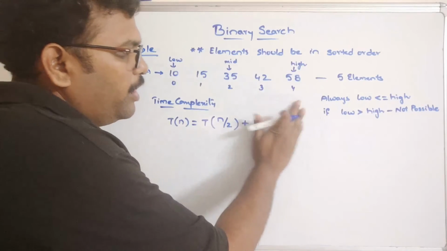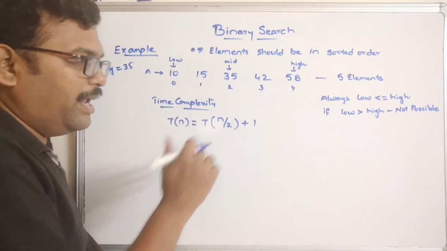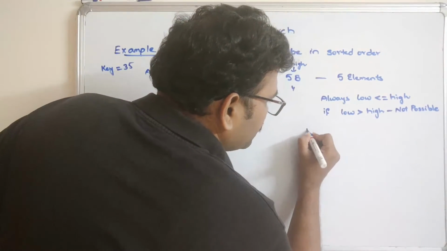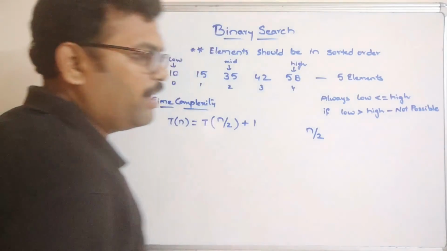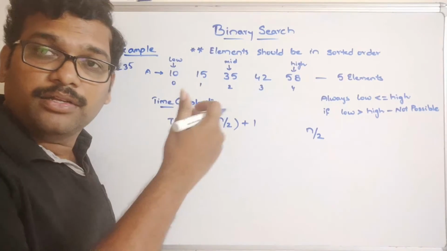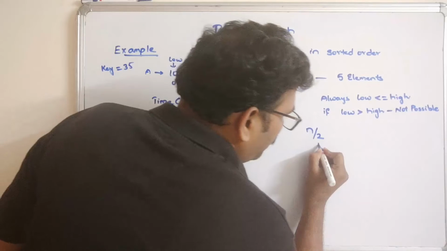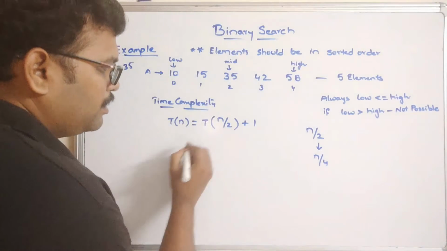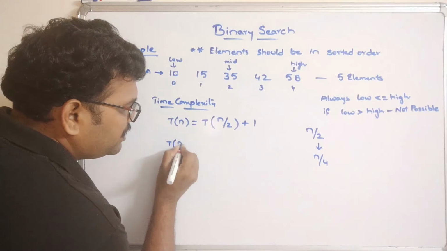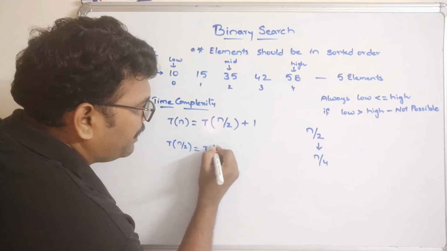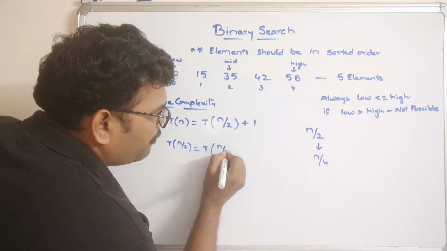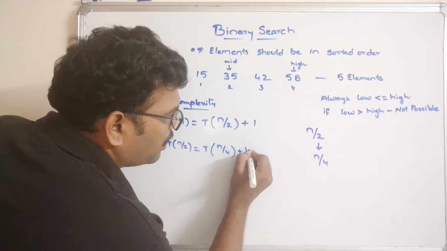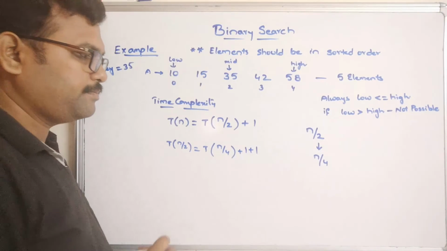And we need to find out n. In the first step we are finding n divided by 2. In the next step we are finding n divided by 4. Now we are checking n divided by 2, that becomes T of n by 4 plus 1 plus 1.